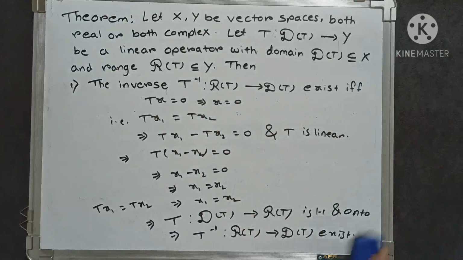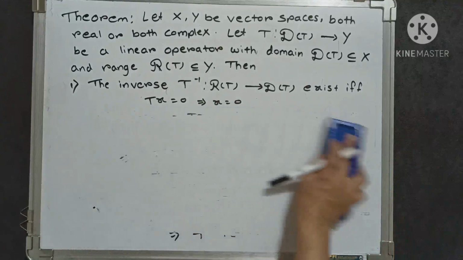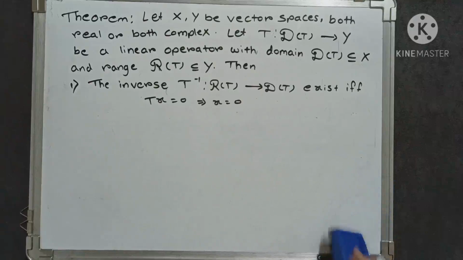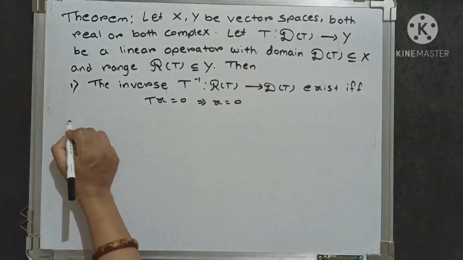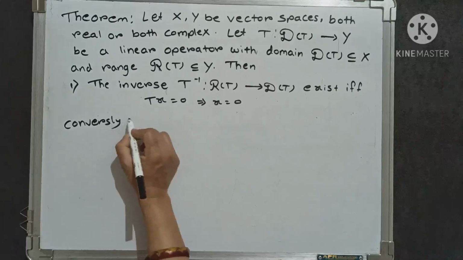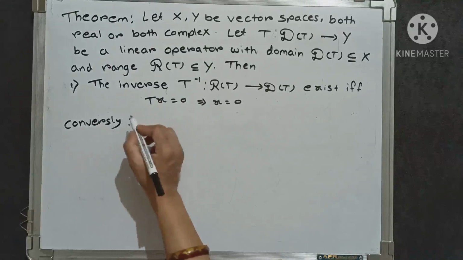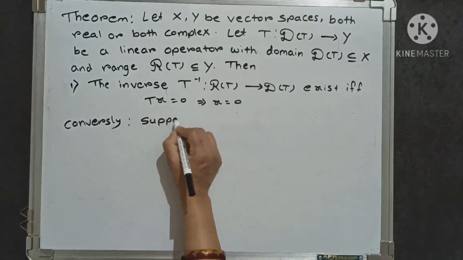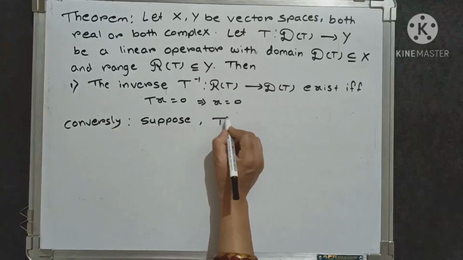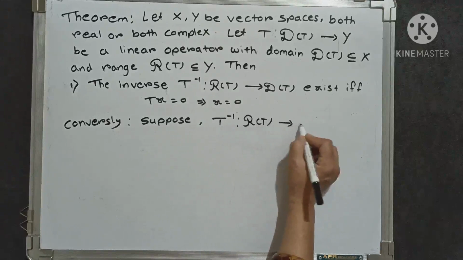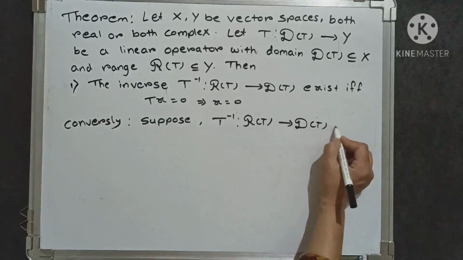Now conversely, we assume that the inverse exists, and we have to show that Tx equals 0 implies that x equals 0. Conversely, suppose T inverse, which is from script R of T to script D of T, exists.